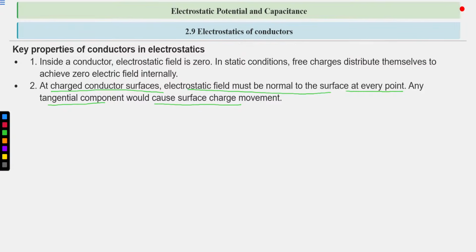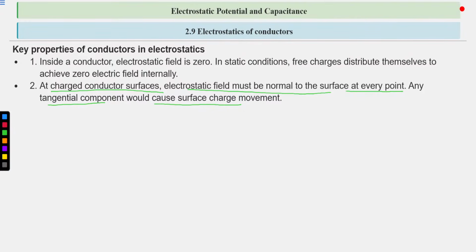Okay, I am repeating this. We know that for stationary condition, charges should not move. Charges at the surface should be stationary. So if the electrostatic field is not normal to the surface, if the direction of the electrostatic field at the surface is other than 90°, meaning it is falling on the surface at some other angle, it will result in two components.